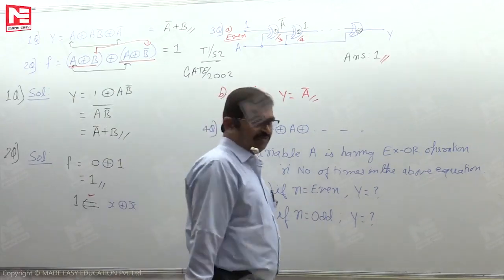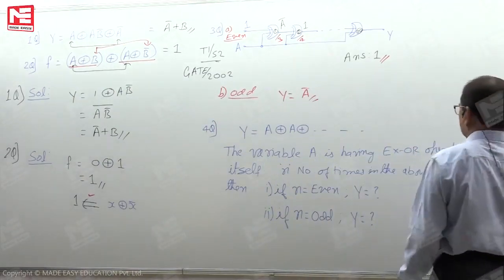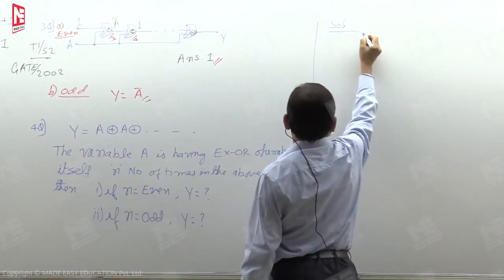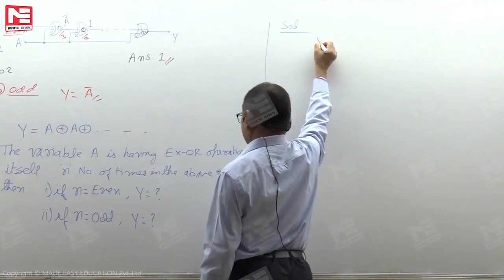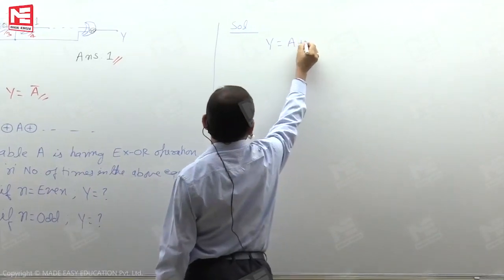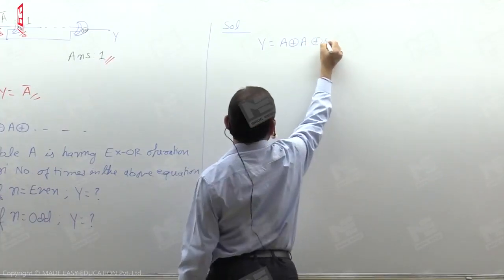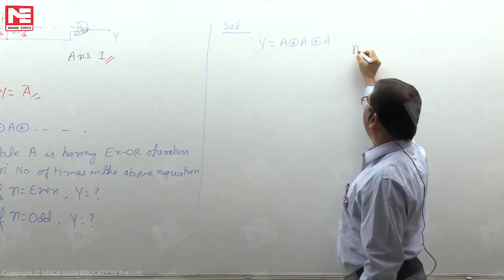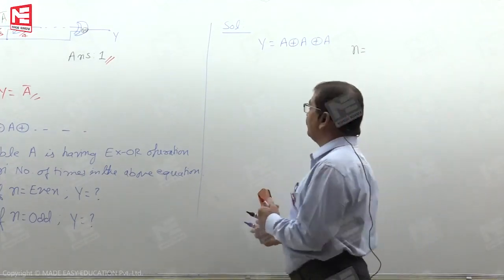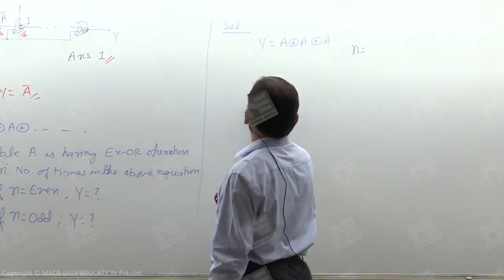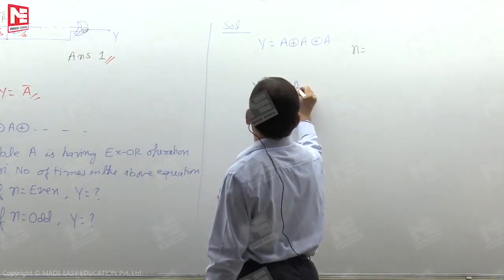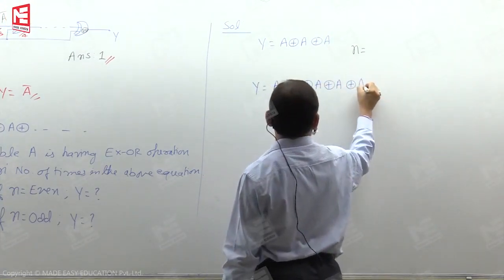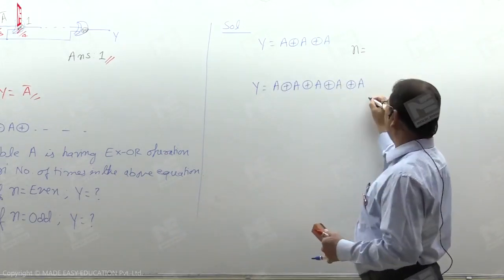So, if you look here, suppose I'm having A exclusive OR A exclusive OR A. Tell me, what is the n value? And similarly, A exclusive OR A exclusive OR A exclusive OR A exclusive OR A. What is the n value?